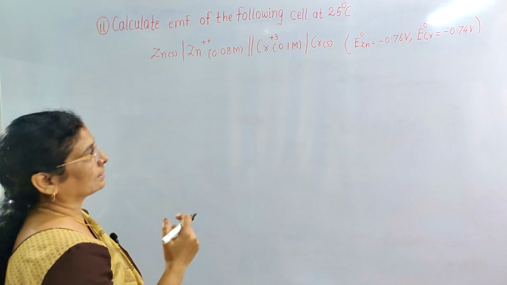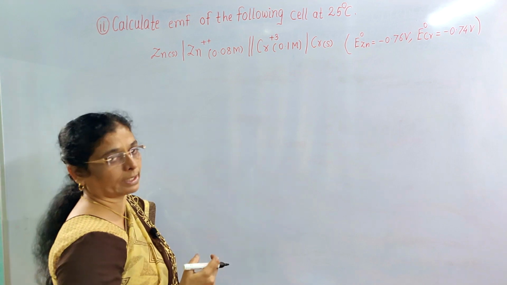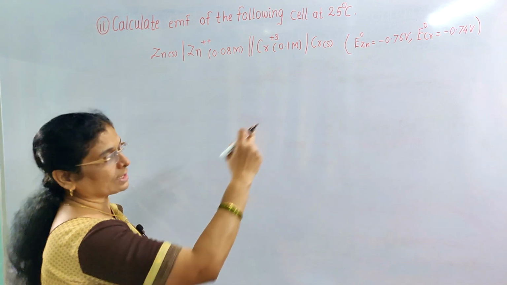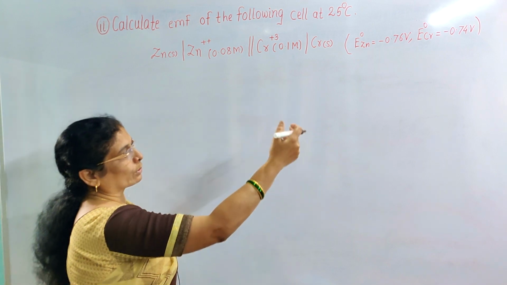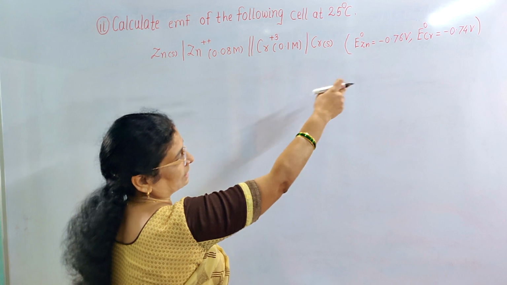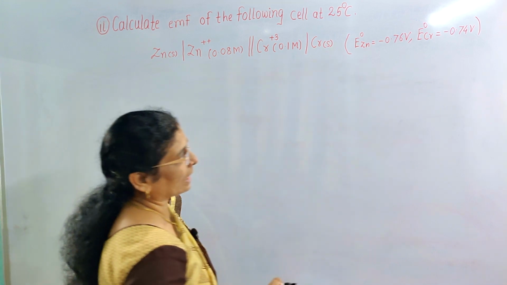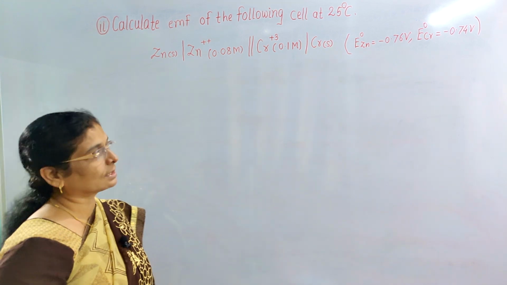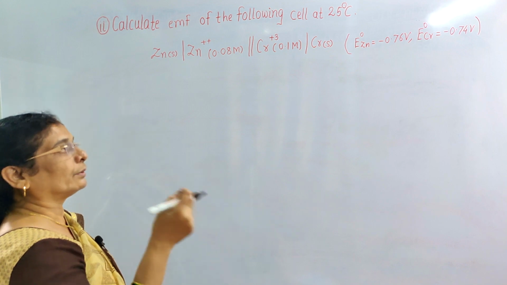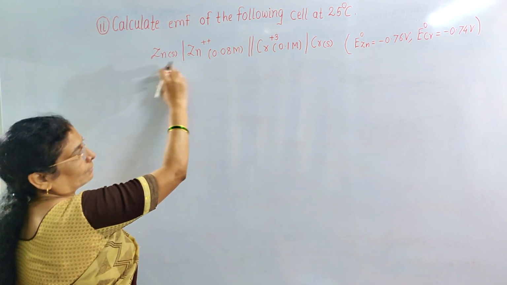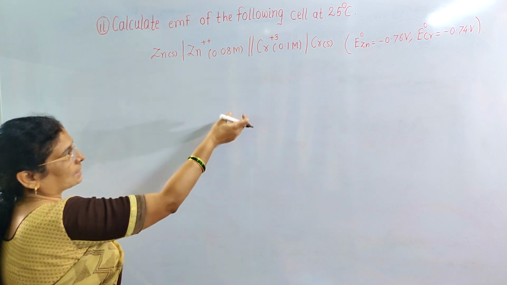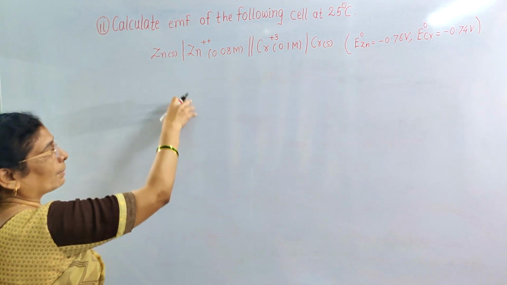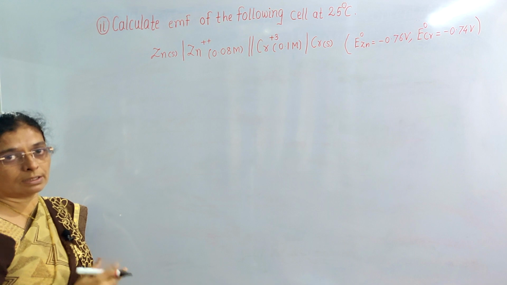E0 Zn, the standard electrode potential of the Zn electrode, is given as minus 0.76 volt, that is the reduction potential, and the standard electrode potential of chromium, which is a reduction potential, is given as minus 0.74 volt. That means you have to determine the EMF of this cell. Before that, we have to determine which cell reaction takes place in this cell.